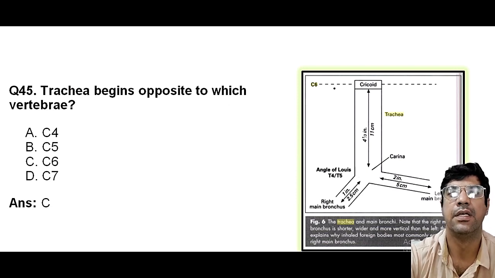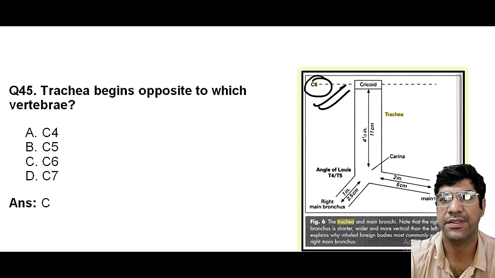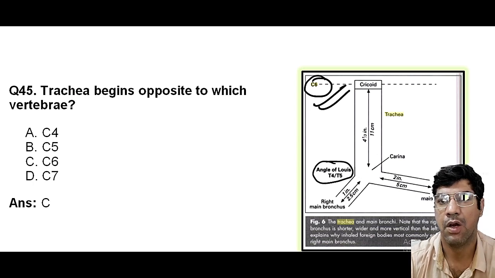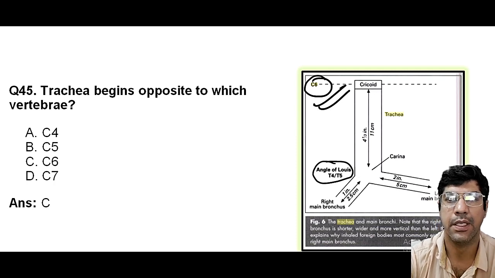The trachea begins opposite to which vertebra? It's the C6 vertebra. So in this figure, you can see the angle of Lewis. Along with that, you can see the trachea and the main bronchi. So here the point that you have to note is the right main bronchus is shorter, wider and more vertical than the left.